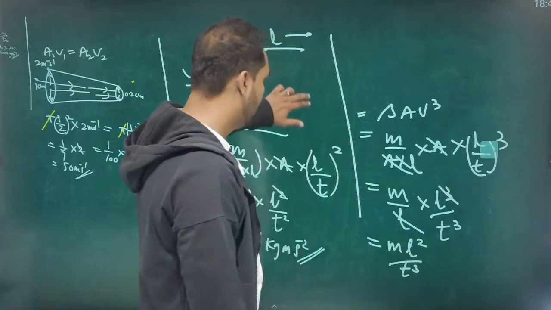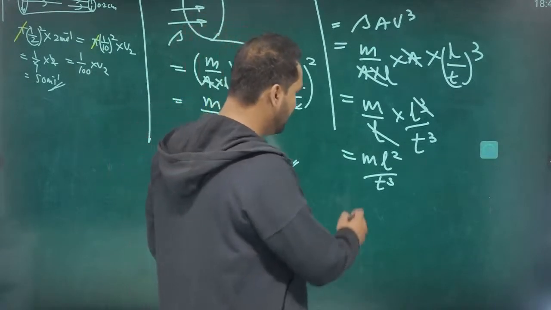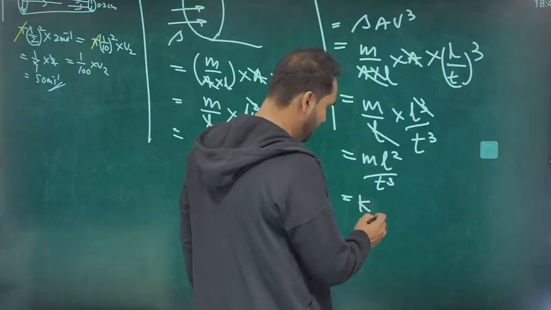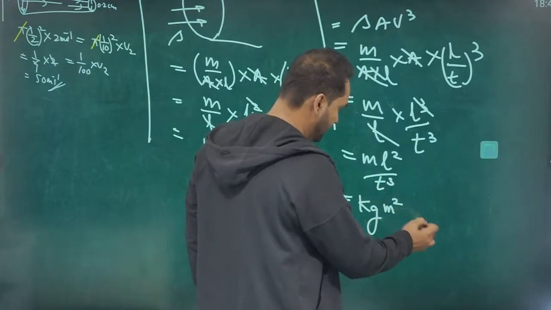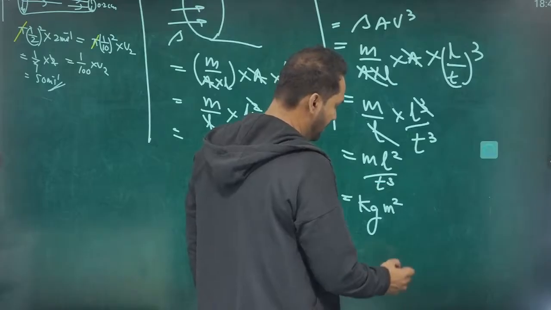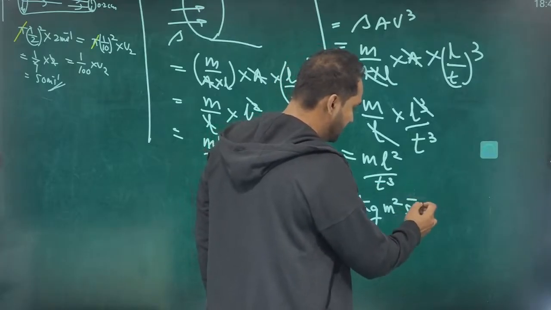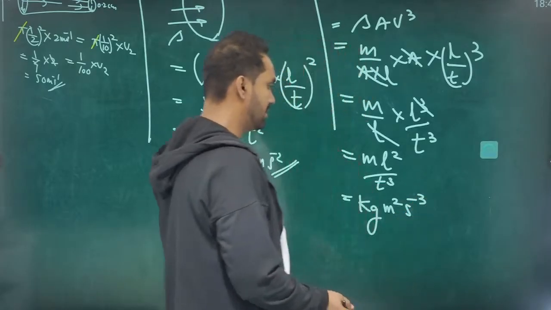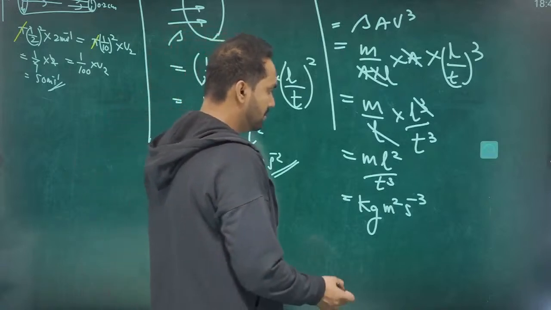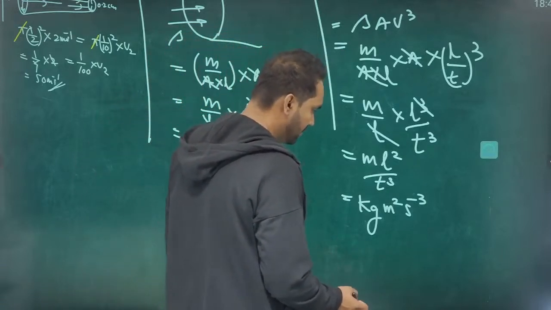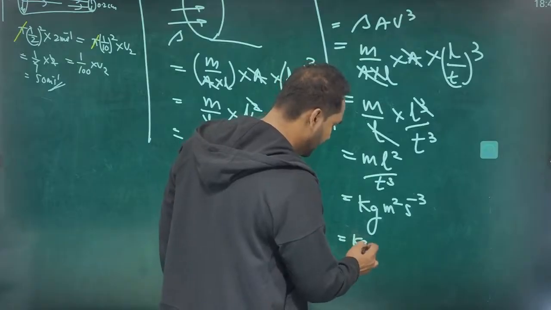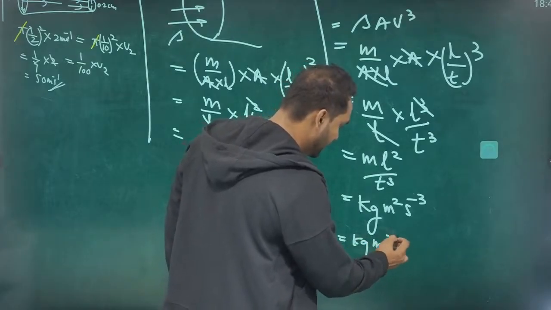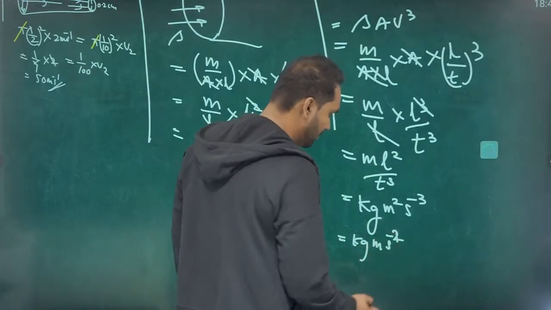If I take this to the units, m is mass in kilogram, length is meter, meter square, T is time in second. Now if I derive something out of it, kg m s to the minus 2 can be derived out of it.